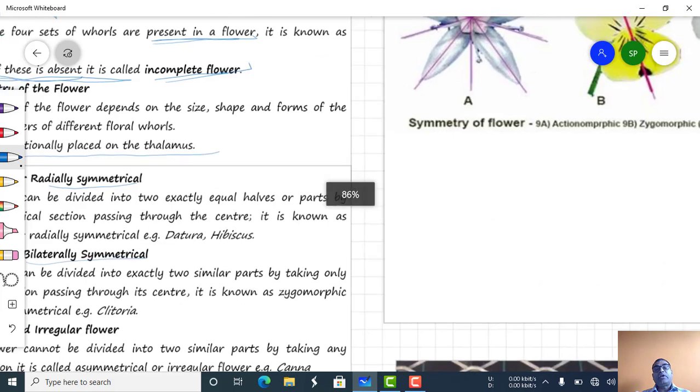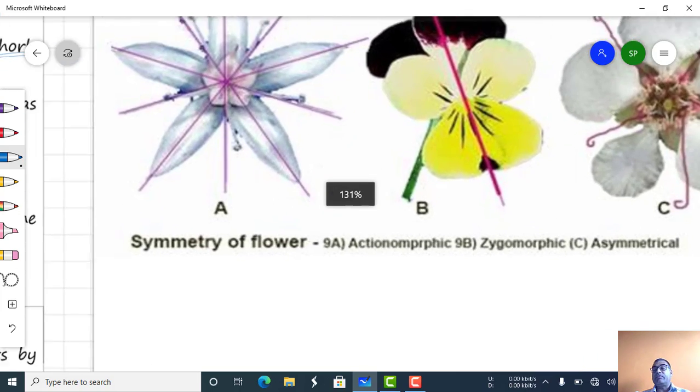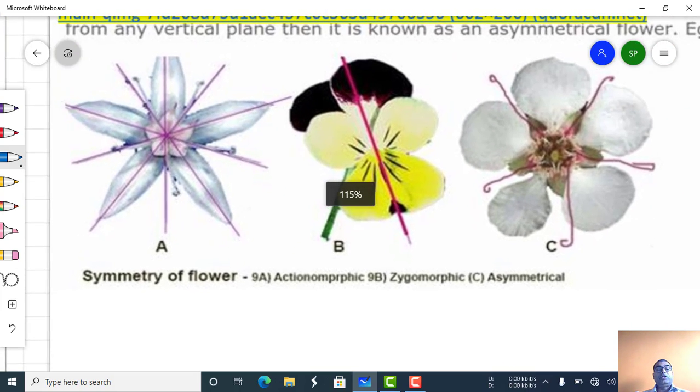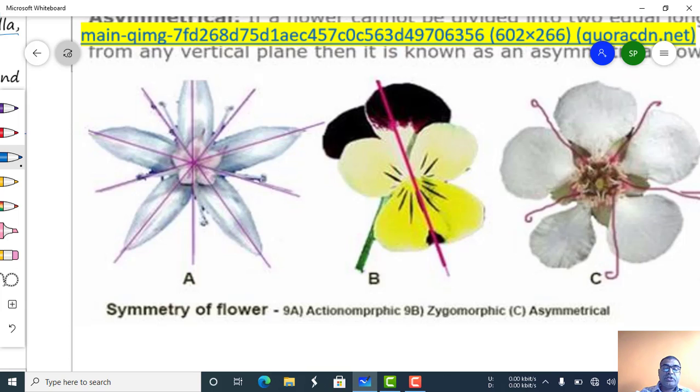So just see what is actinomorphic, what is zygomorphic, and what is asymmetrical. Suppose see this one figure. In this case, if you consider a flower and you take a vertical cut of the flower, when you cut vertically, you find a number of planes where the flower can be divided into two equal halves.